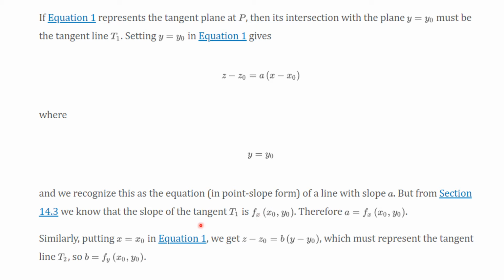But we know that the slope of that line is the partial of f with respect to x evaluated at x0, y0. Therefore, a is equal to f sub x, that's the partial of f with respect to x at x0, y0. Similarly, if we intersect the plane x equals x0, it follows that b has to also be the partial derivative of f with respect to y, evaluated at x0, y0.